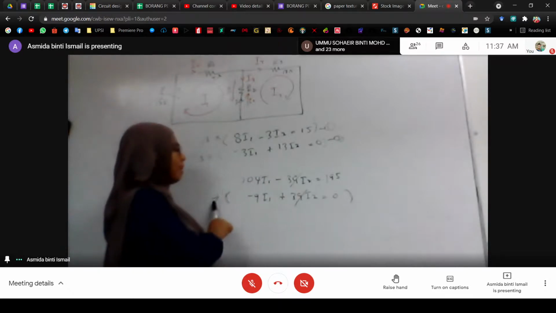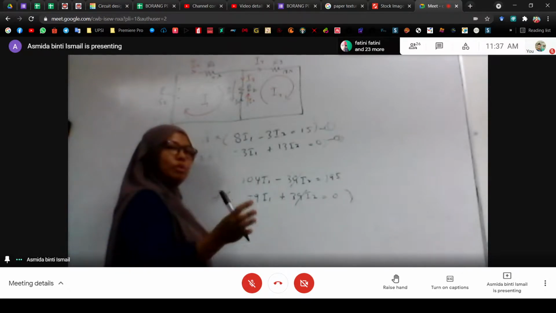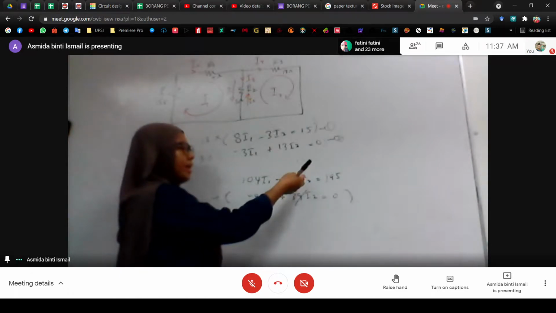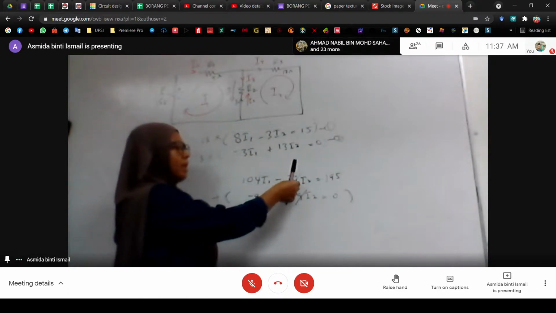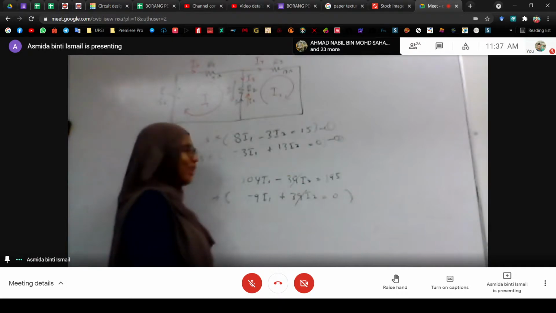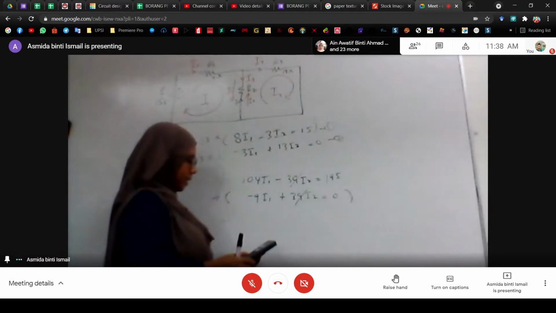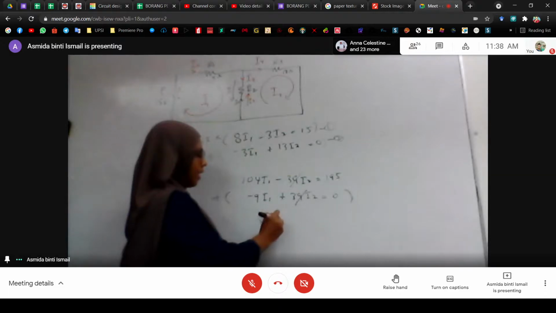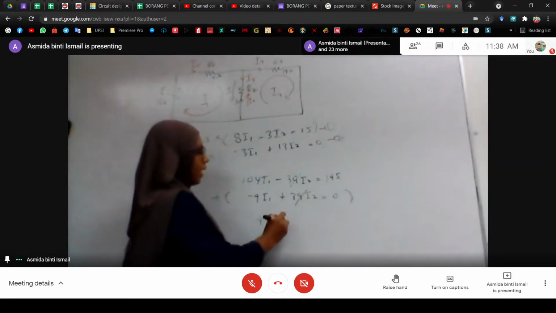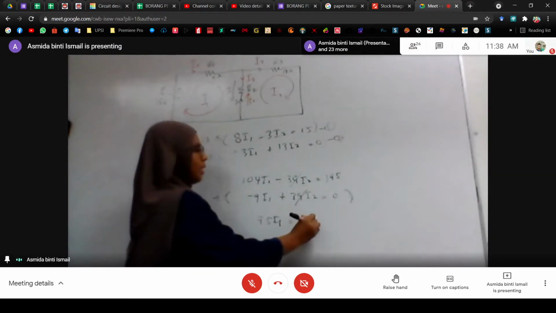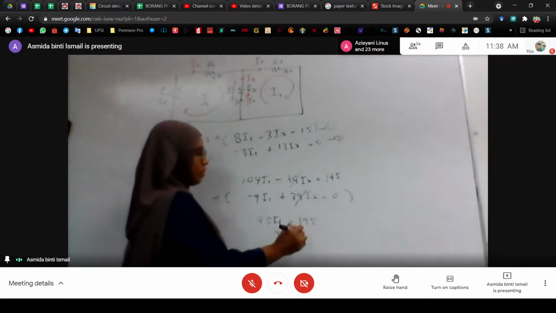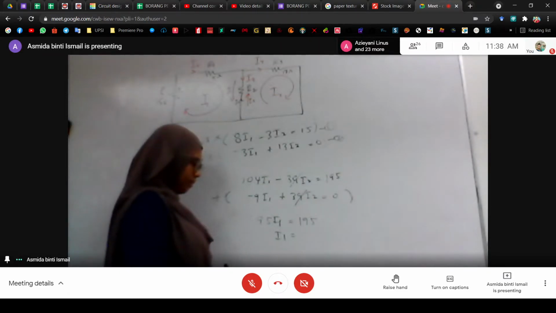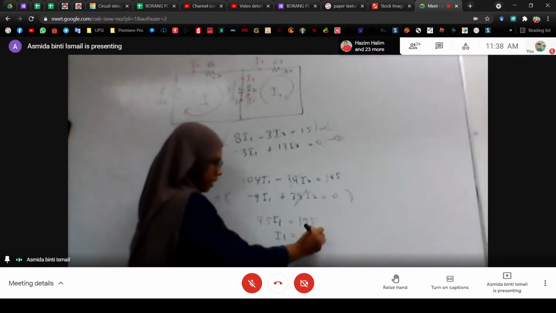Minus 39 plus 39 is equal to 0, so we already eliminated I2. So 104 plus minus 9 is 95 I1 equal to 195. So your I1 is equal to 195 divided by 95, equal to 2.053.